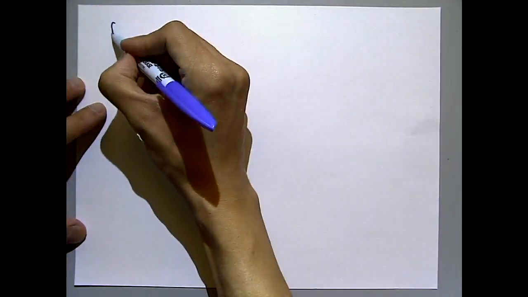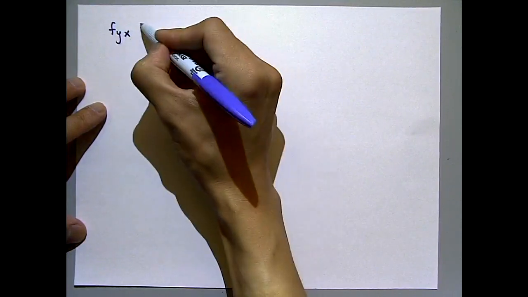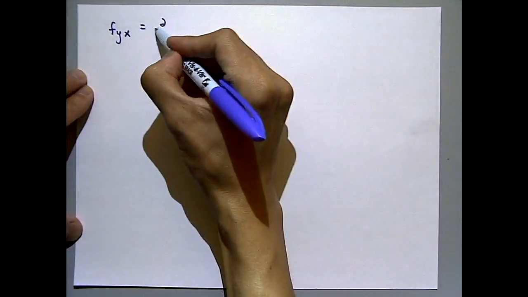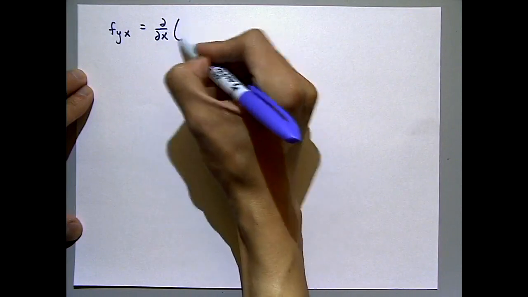Let's find fyx. Remember, in the subscript notation, the order is left to right. So this is take the derivative with respect to y first, and then x. In the other notation, this is the second operation.